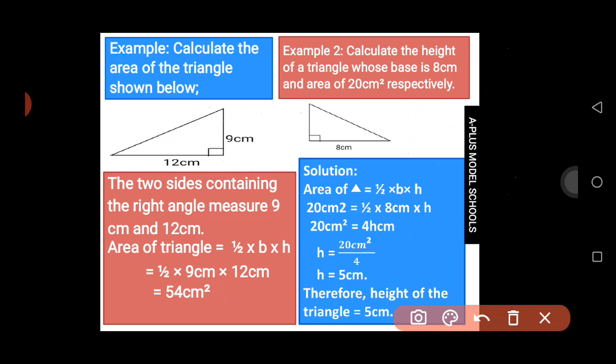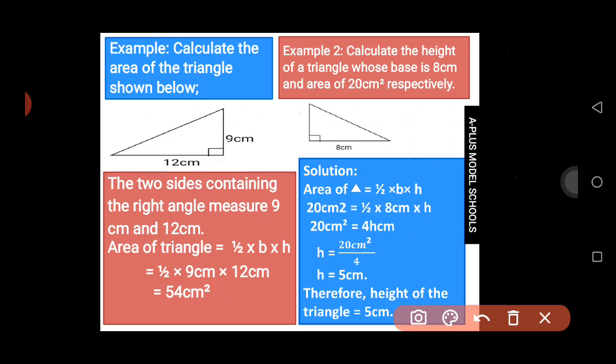Calculate the height of a triangle whose base is 8 centimeter and area is 20 centimeter square. So we are given the base to be 8 centimeter and the area of the triangle to be 20 centimeter square. The question asks us to look for the height.